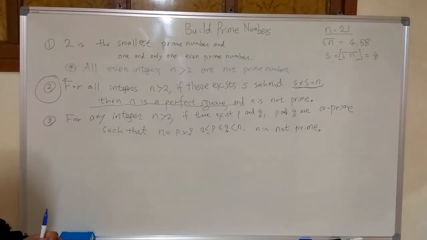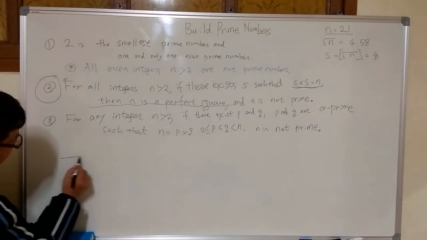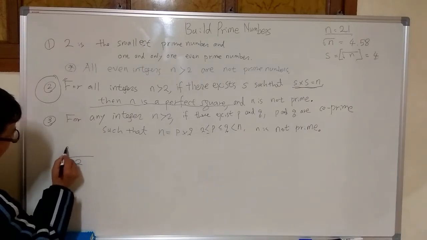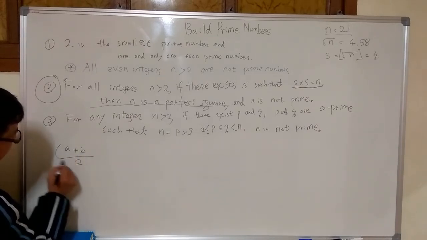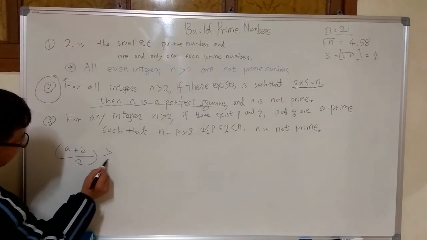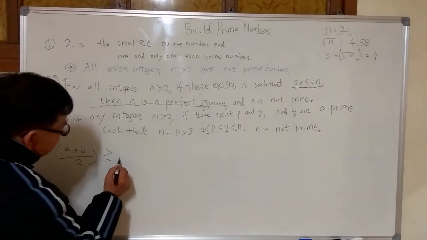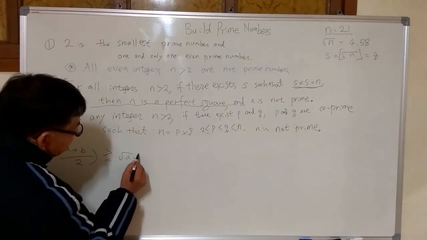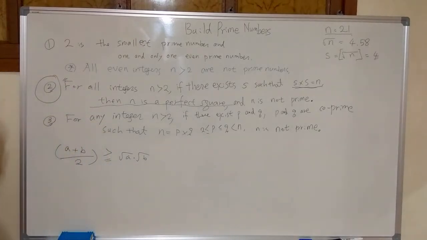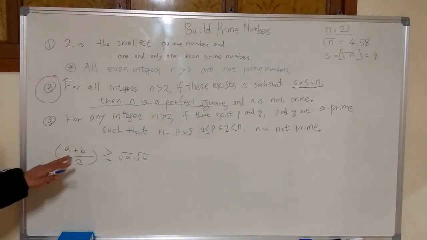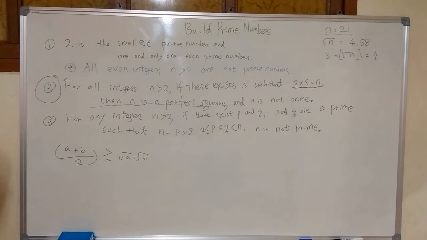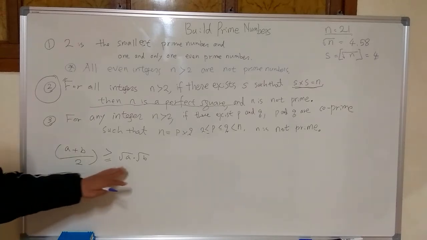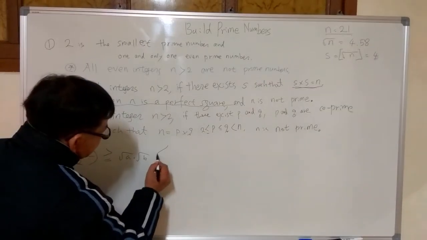In high school mathematics, we learned something like this. A plus B over 2 is greater than or equal to square root A times square root B, for A and B greater than 0. This inequality actually means two things.